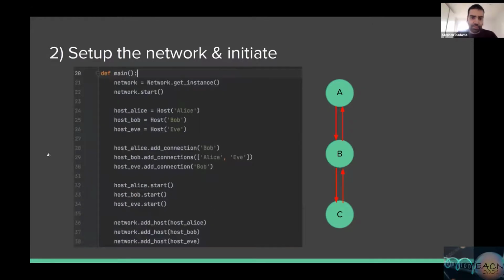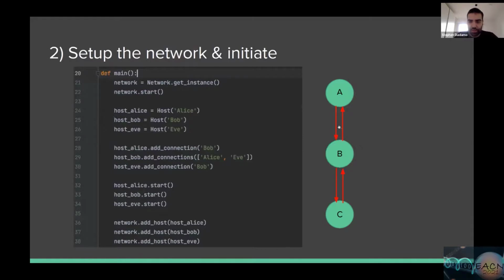Then the next stage is generating the topology. Maybe one wants to do this first even. What we do is initialize the network, and then we start the network listening. This launches the threading part. Then we define our hosts of the network. So we have A, B, and C: Alice, Bob, and Eve.